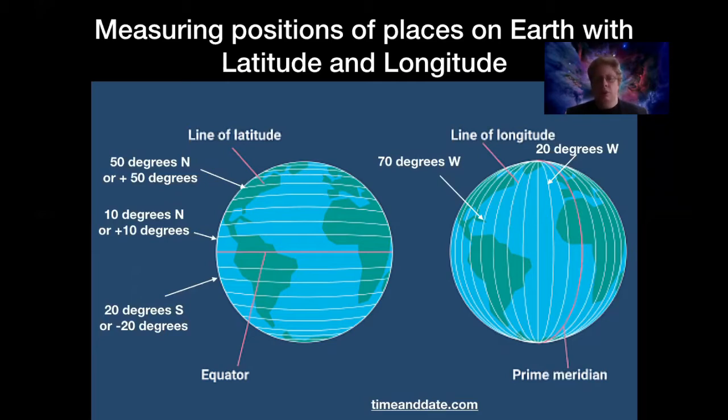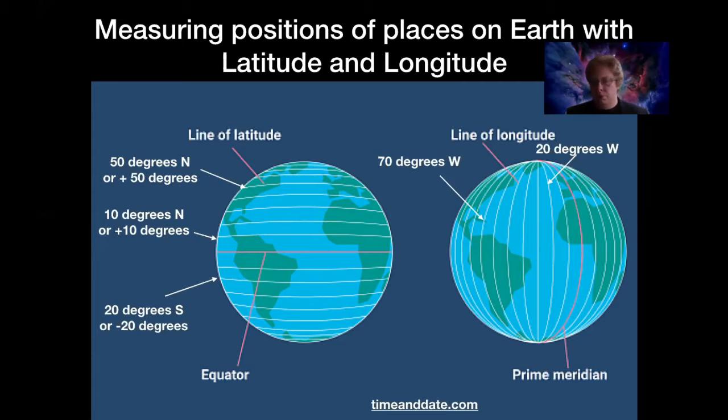Lines of longitude go the other way. So instead of slicing the Earth vertically, they slice it kind of like you would an orange, and they cut it up into different equal slices going around the Earth as the Earth spins. So this red line is the prime meridian. That is the line from which we measure all of the longitudes.